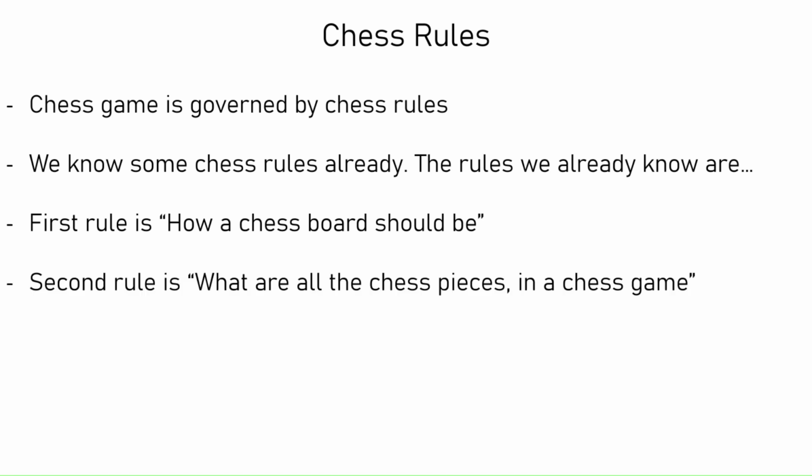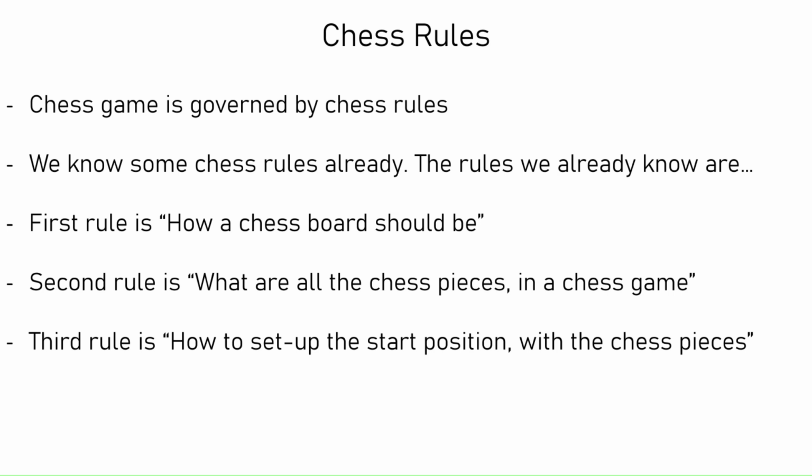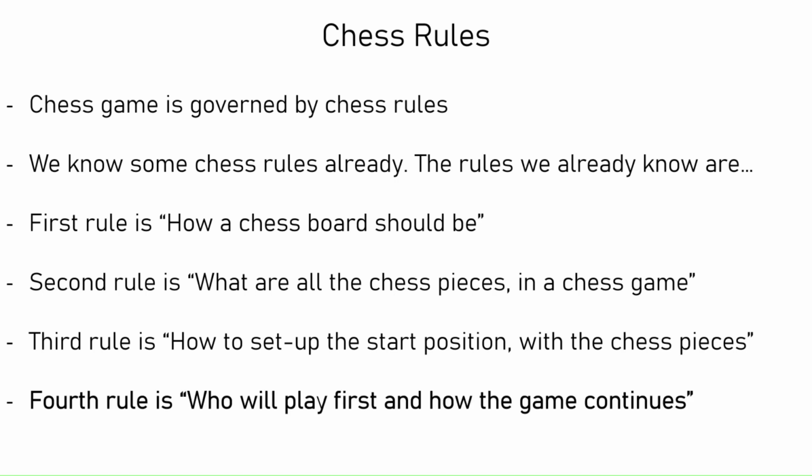Rules also define what are the chess pieces in a chess game. This we know already. The third rule we know already is where the chess pieces should be placed in a start position. Fourth rule we know is who will play first and how the game continues after that. This we saw some time earlier in this episode.